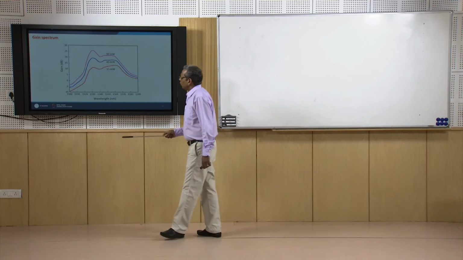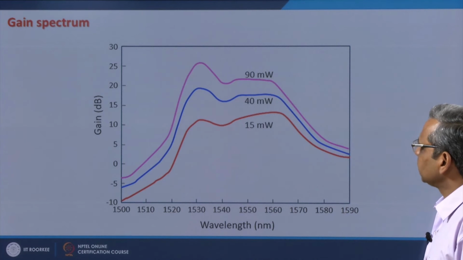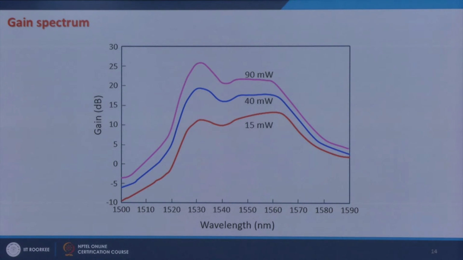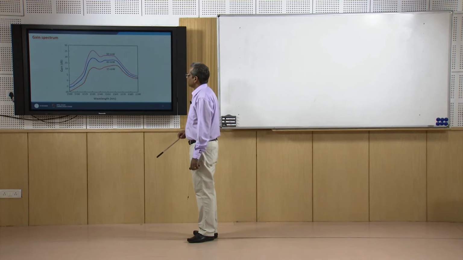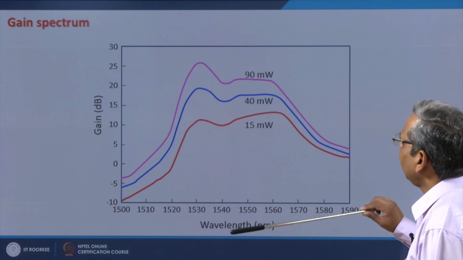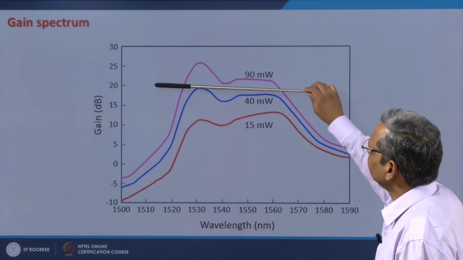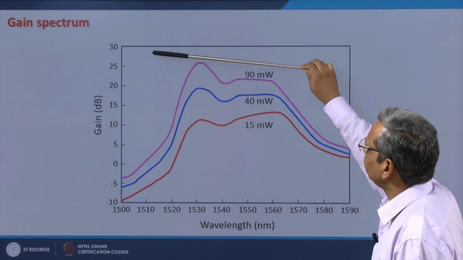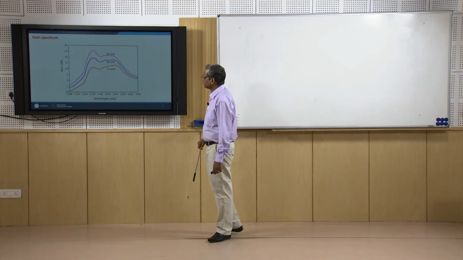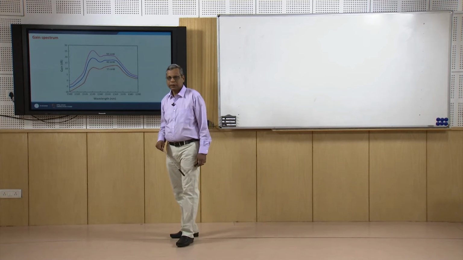So, what we see is that at different pump powers the gain of the amplifier varies with wavelength like this. At sufficiently high pump power, I can have gain in excess of 20 dB. If this is a 20 dB line, so I can have gain in excess of 20 dB over a wide range of wavelength. 20 dB means a linear factor of about 100.